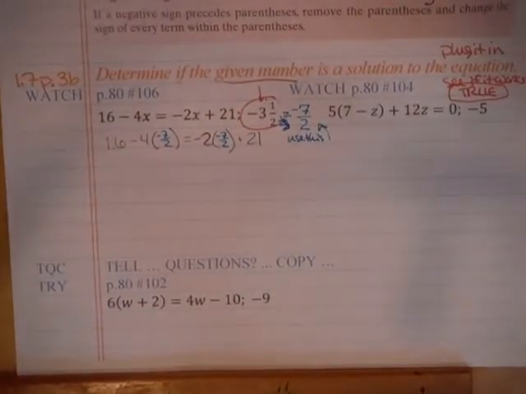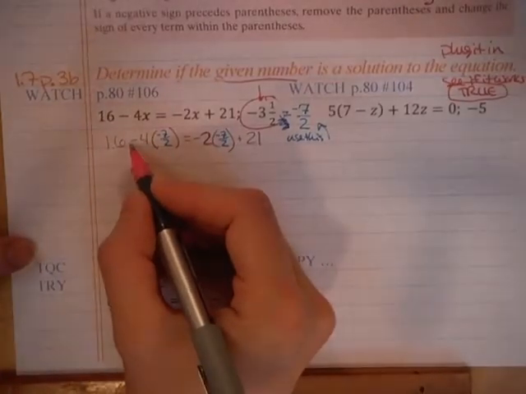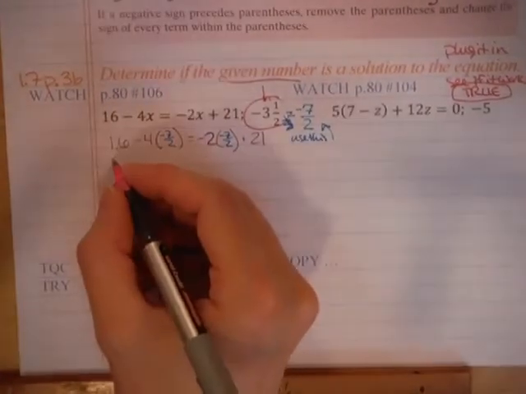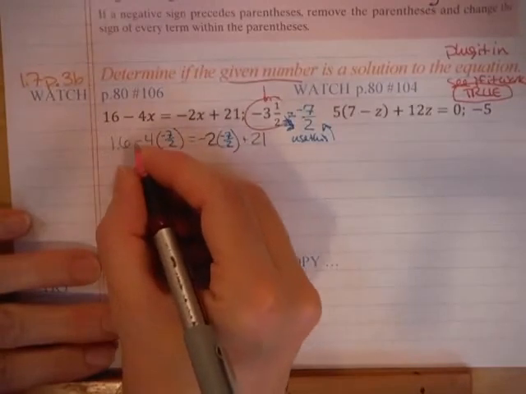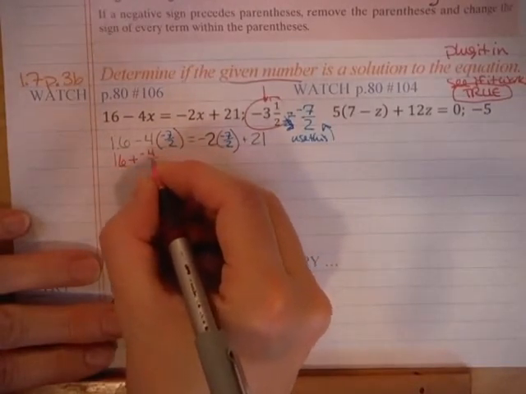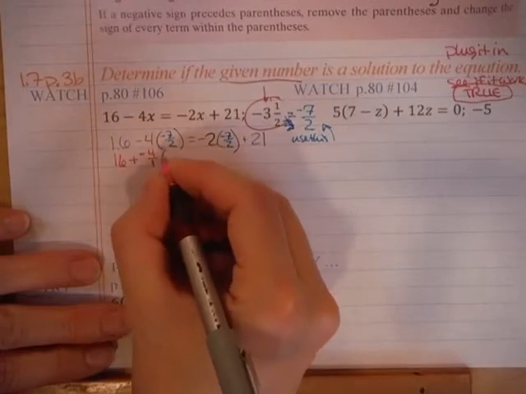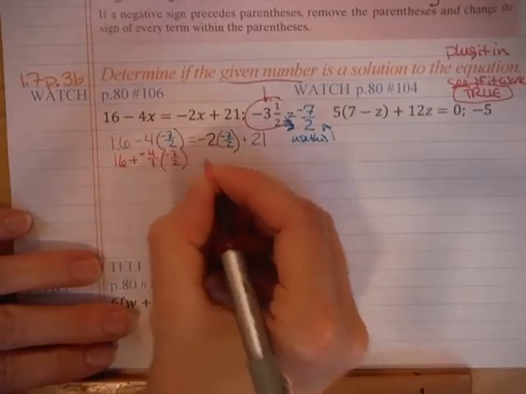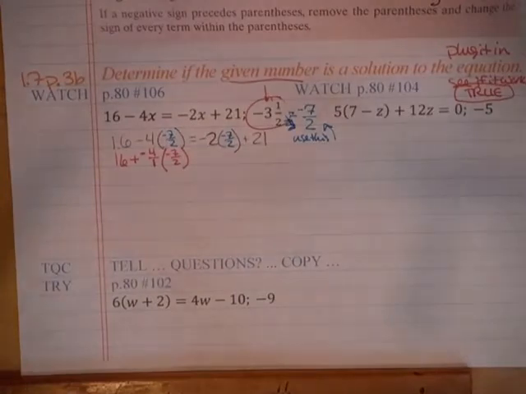And then just as a reminder, subtraction is the same as adding the negative. So I really have 16 plus a -4, and I'm going to write that as 4/1 because I'm about to multiply these fractions together. Maybe I can highlight that a little bit better.